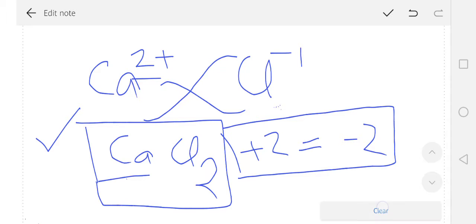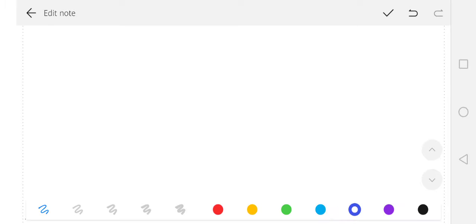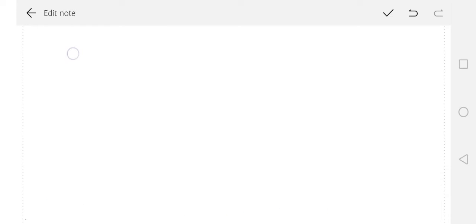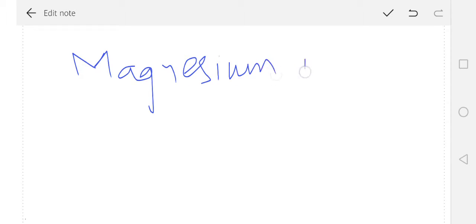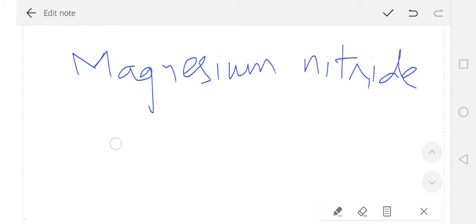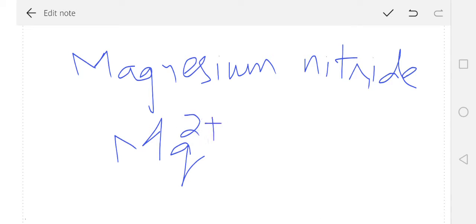Let's take another example. For example, if you are supposed to write the formula of magnesium nitride. So magnesium belongs to group number 2. It must contain 2 plus charge. Nitrogen belongs to group number 5.